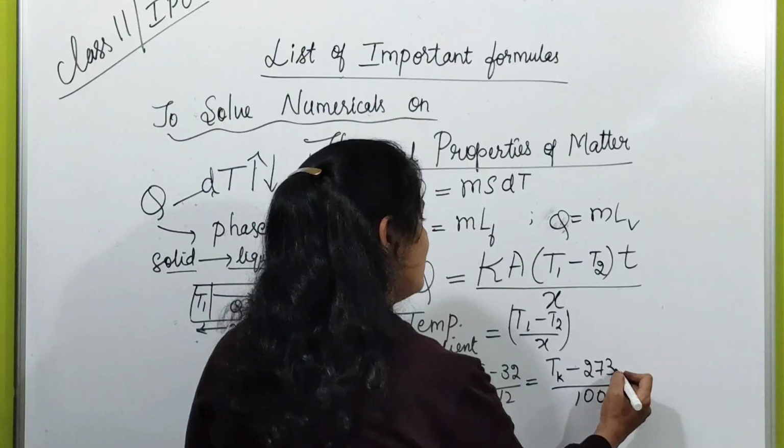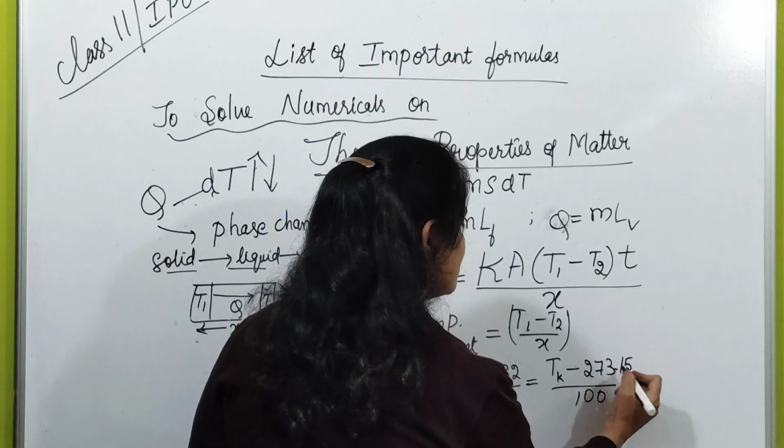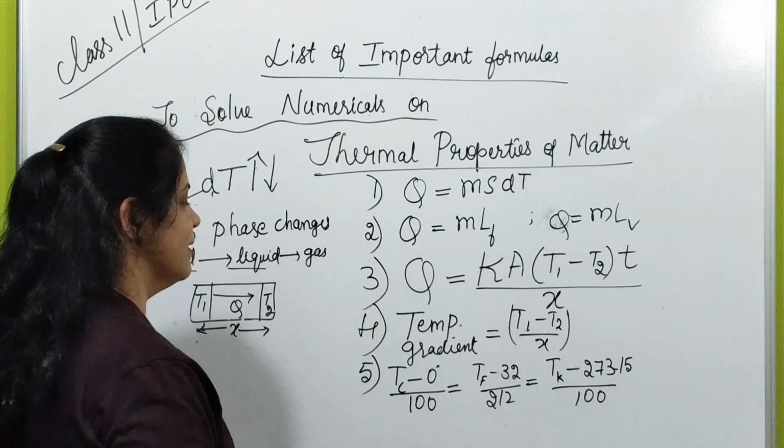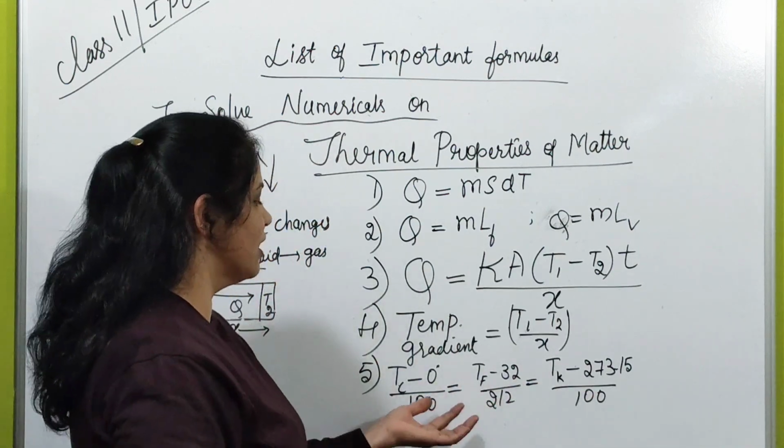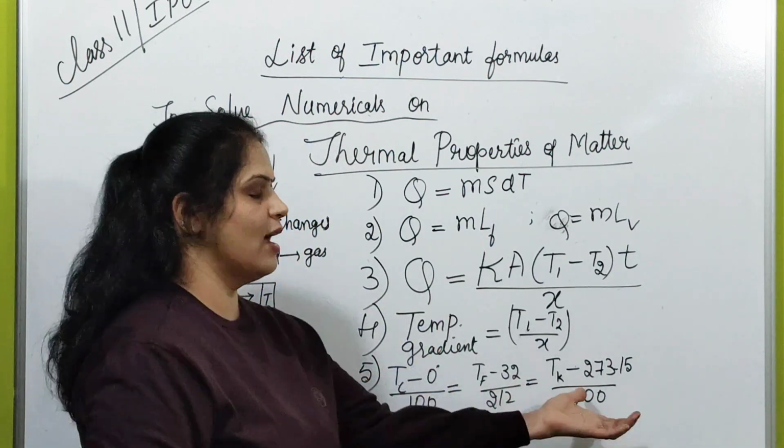You can use 273.15, or simply 273. So this is one important expression to convert from one system to another.